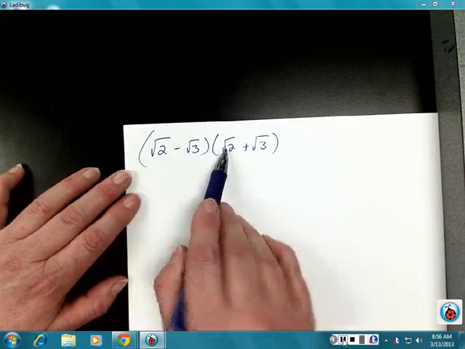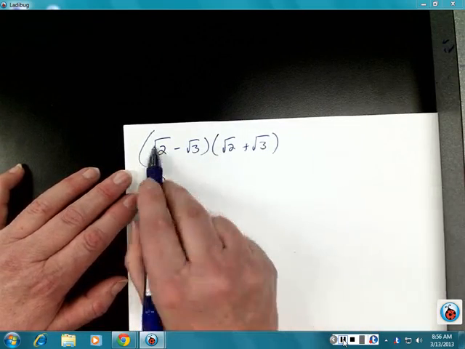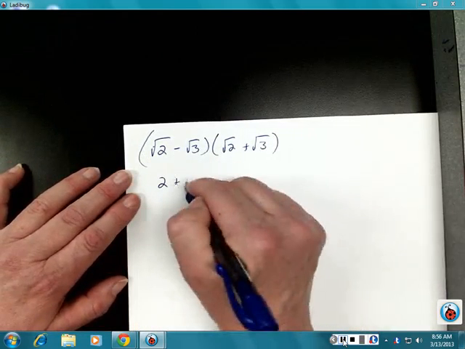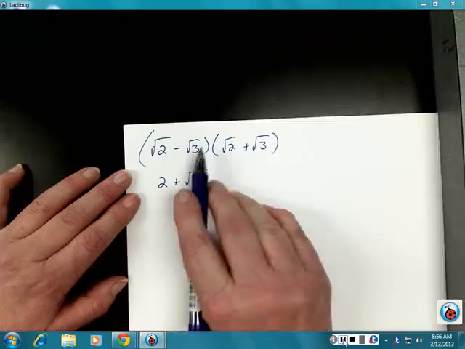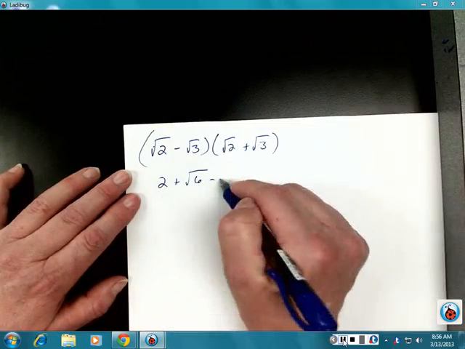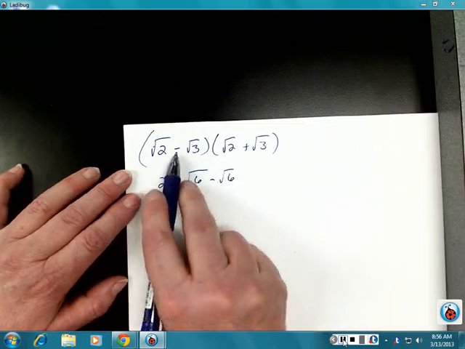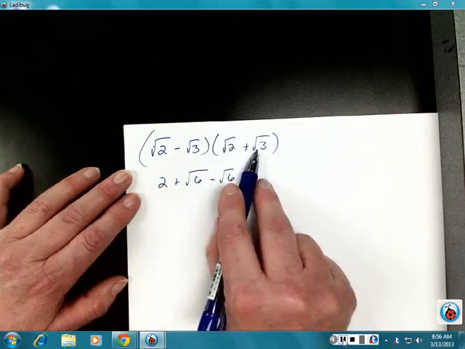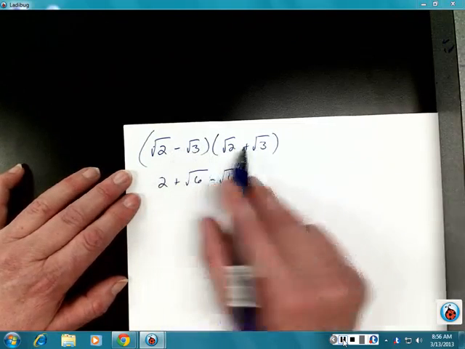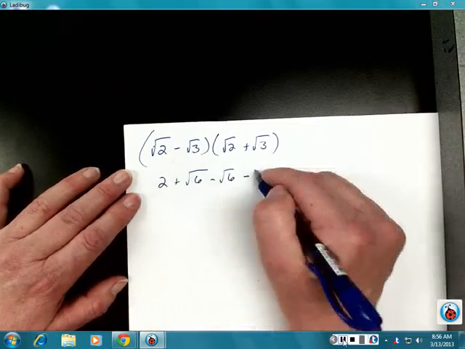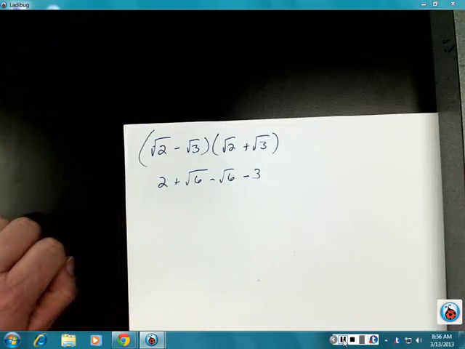Square root of 2 times square root of 2 is 2. Square root of 2 times that is a plus the square root of 6. Negative times this is going to be a negative square root of 6. And a negative 3 times this one, a negative times a positive is a negative. Square root of 3 times square root of 3 is 3. So what am I just solidly left with?